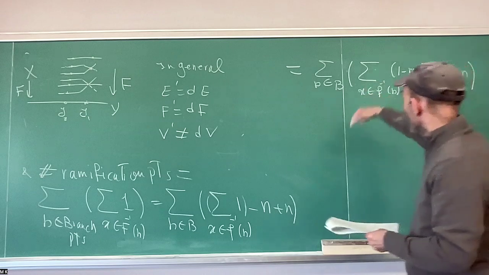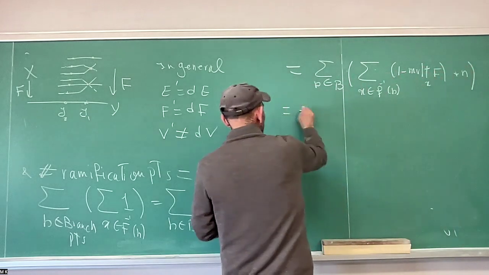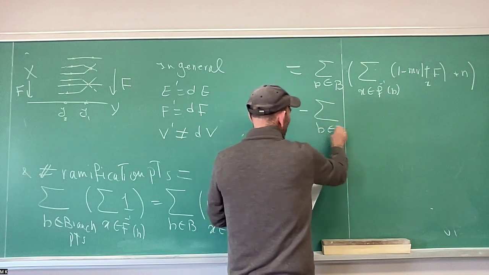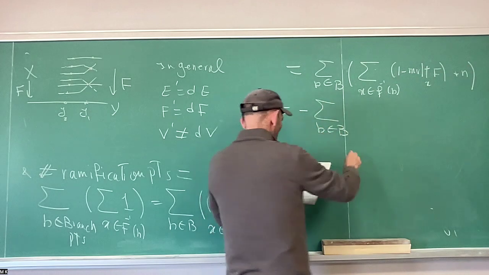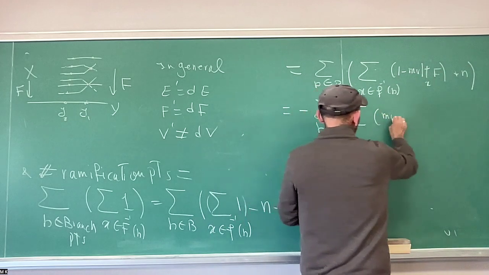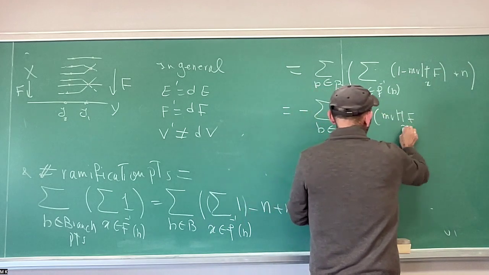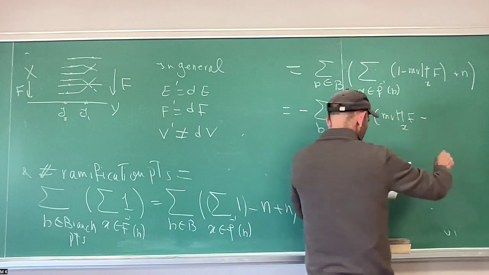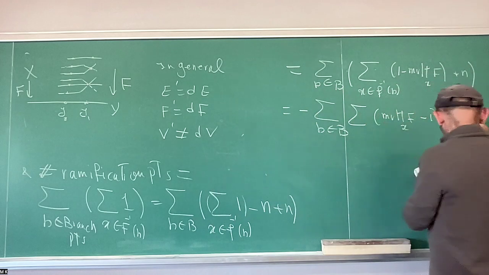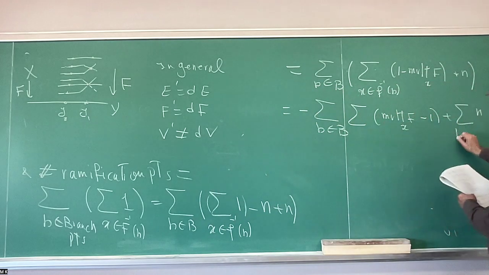So I just pull out this minus 1 and change sign. So this is equal to minus the sum over P belonging to B, the sum of the multiplicity of f at x minus 1, plus the sum of d over these branch points.